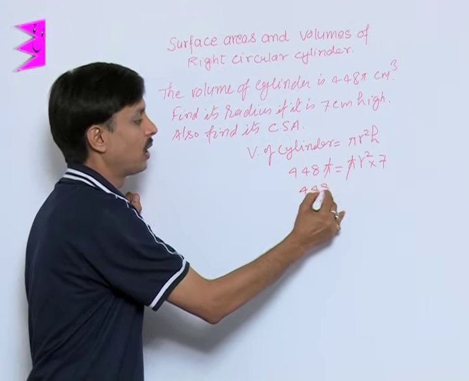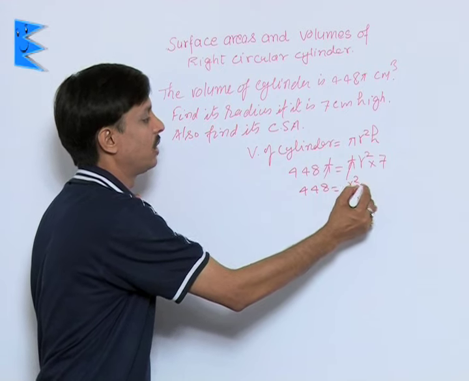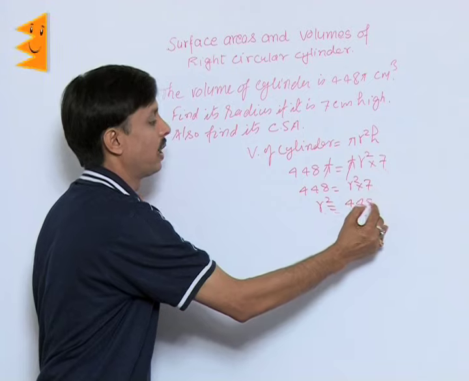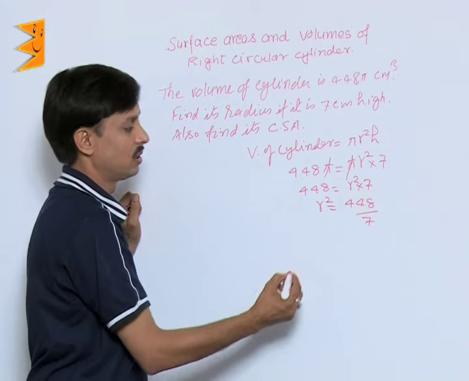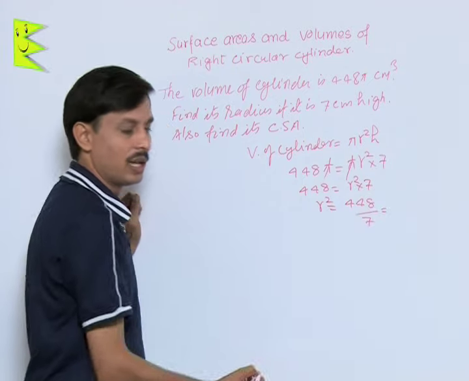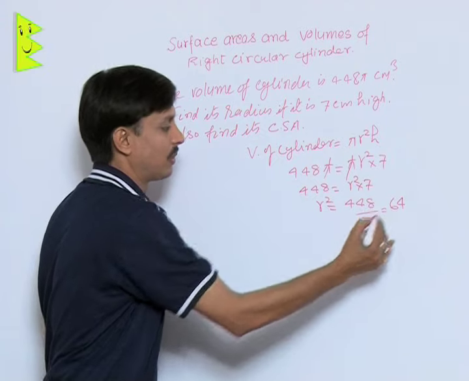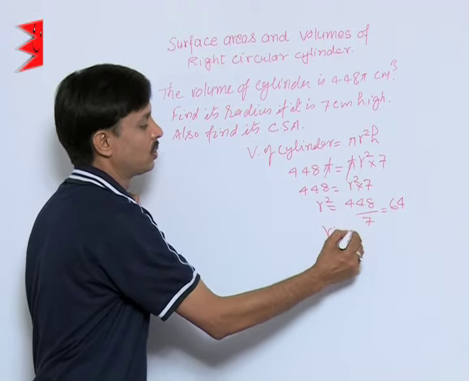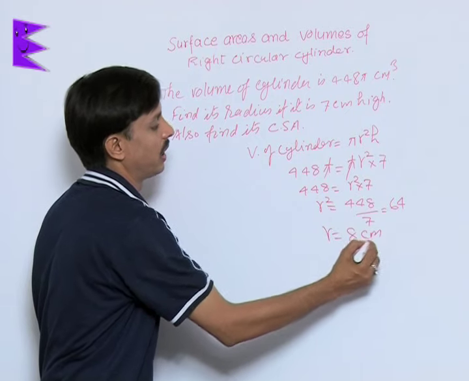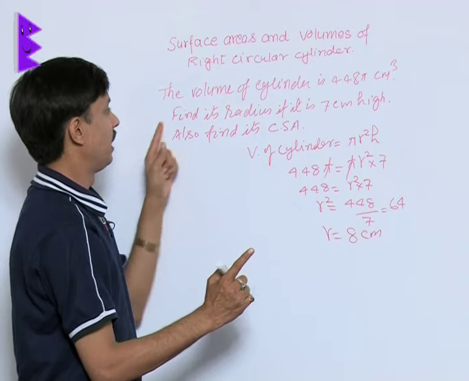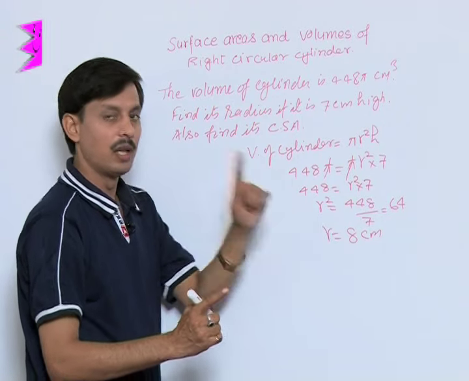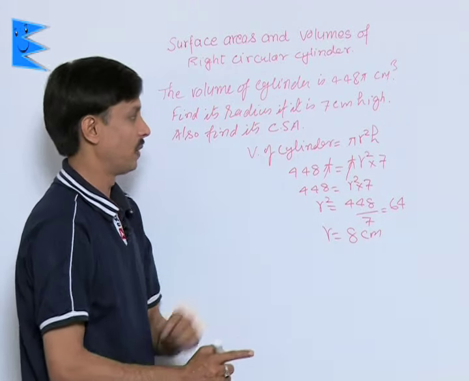So 448 is equal to r square into 7, or r square is equal to 448 upon 7. After division this comes to be 64. R square is 64, so r is equal to 8 centimeter. Hence, first answer, the radius of the cylinder will be 8 centimeter.